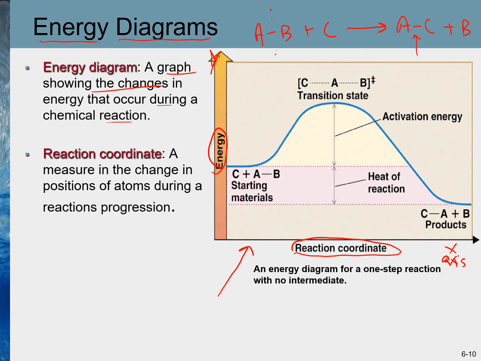So this is a one-step process, and the progress of this reaction is shown with the help of this energy diagram. As we can see on the left hand side, the starting materials, which are reactants, have some energy. So this is the amount of potential energy stored in these two reactants.